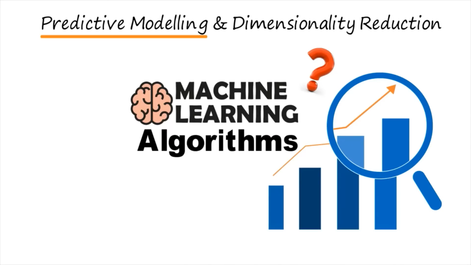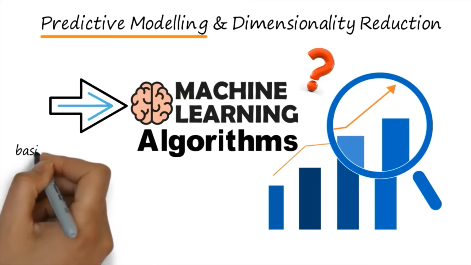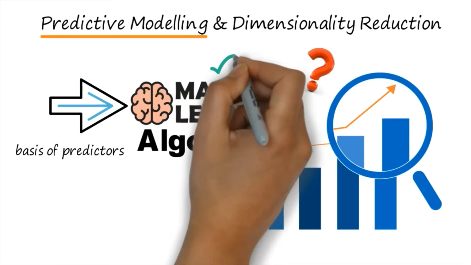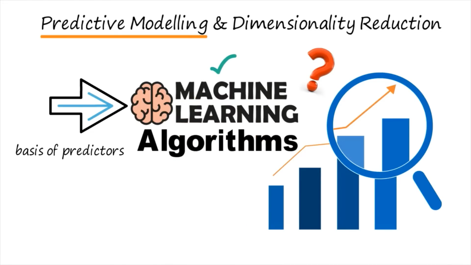It needs some input, meaning it needs some predictors. So on the basis of some predictors, the machine learning algorithm will perform some forecasting activities. This is known as predictive modeling.